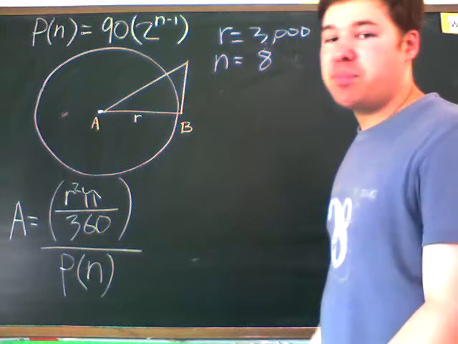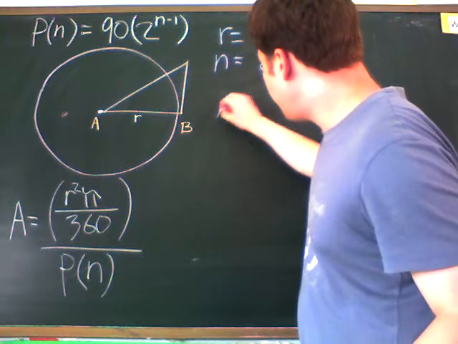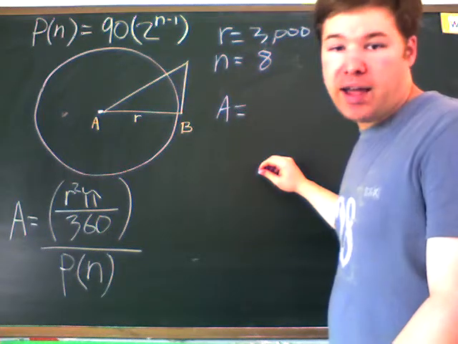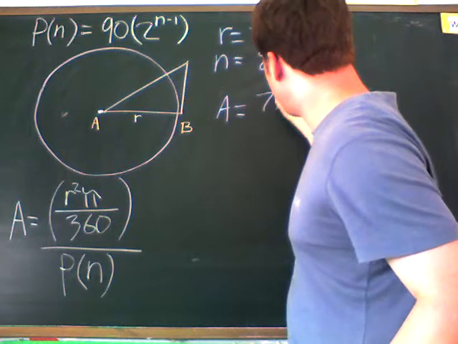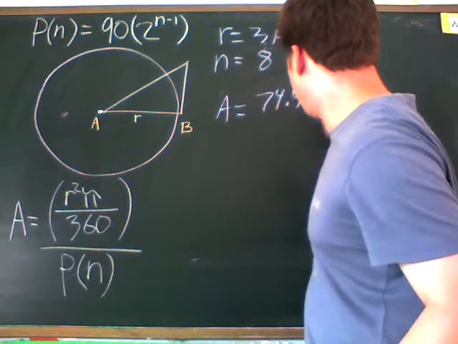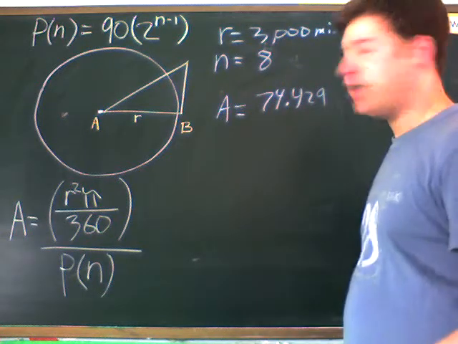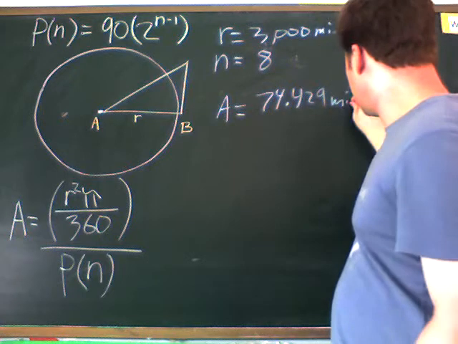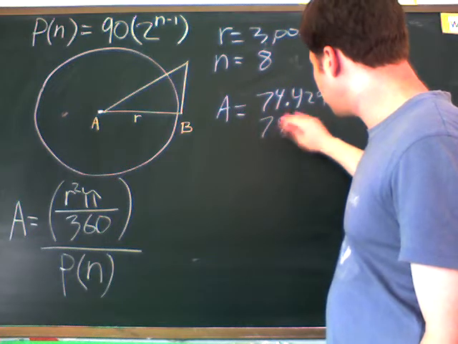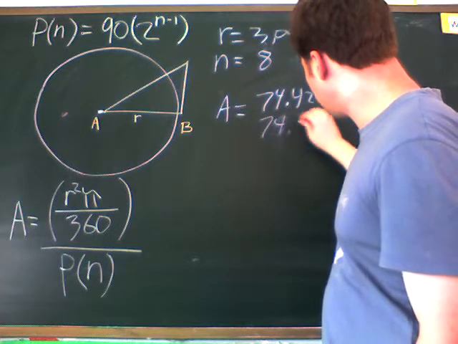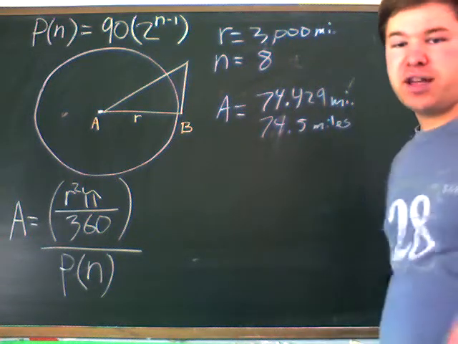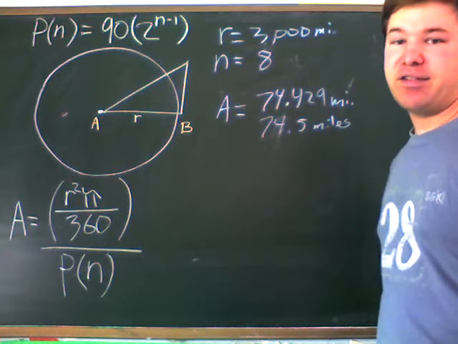What this is going to result in is A equal to 74.429 and so on, in miles. So roughly it's going to be 74.5 miles, give or take.